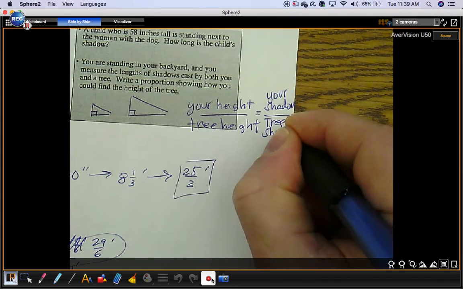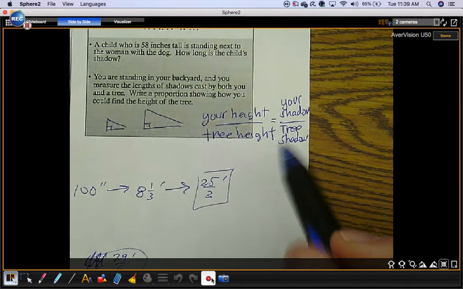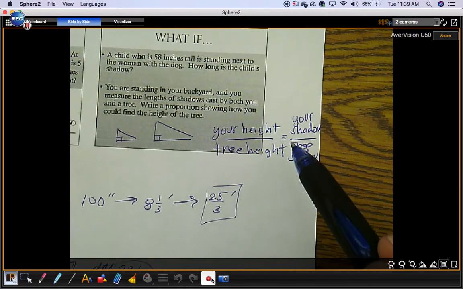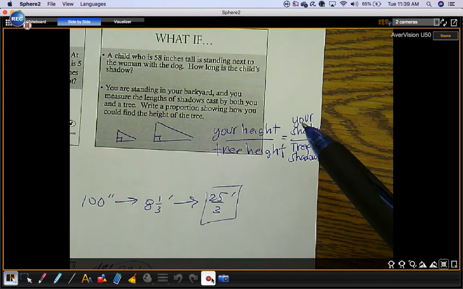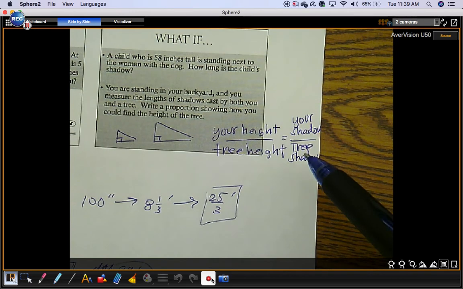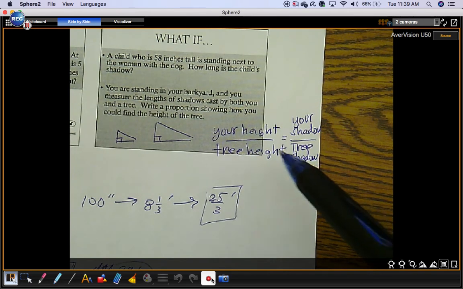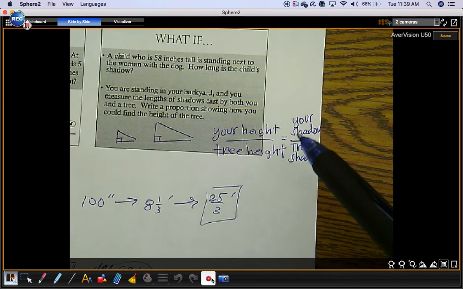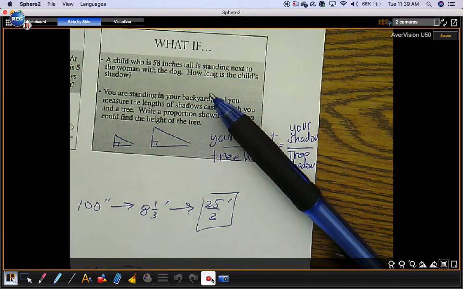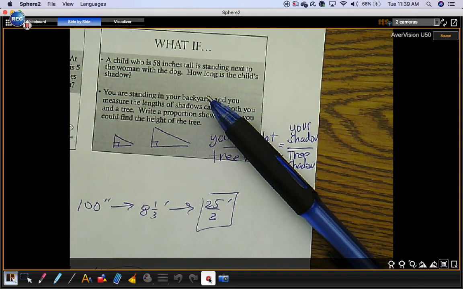And again, that would be the length of that segment. So this is the proportion that you would need. Of these four things, you know three of them. You know your height. Somebody can measure your shadow length. You can measure the tree's shadow length. You don't know the tree's height, but if you know those three things, you can definitely find it by cross multiplying. That's indirect measurement.